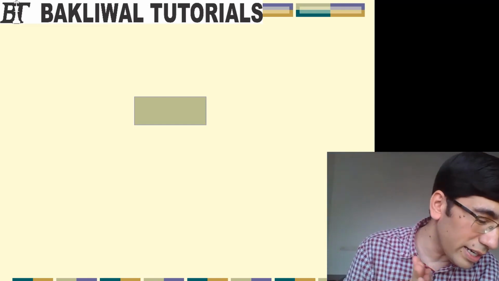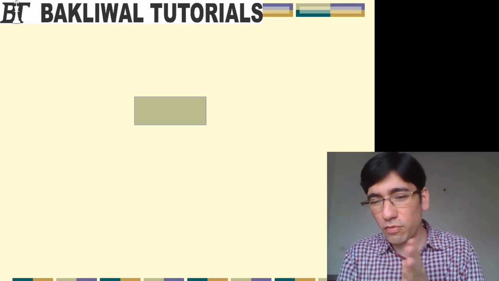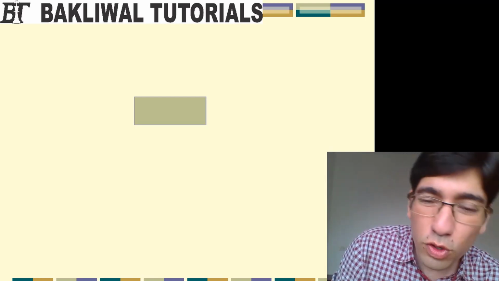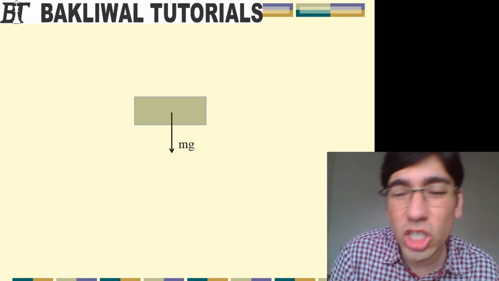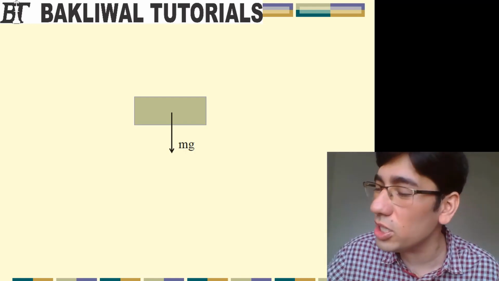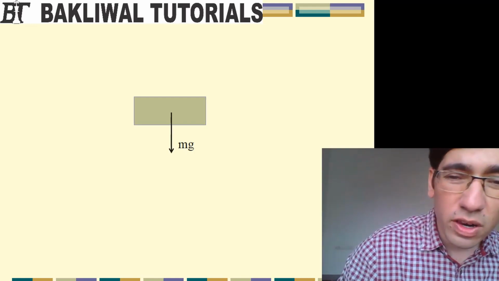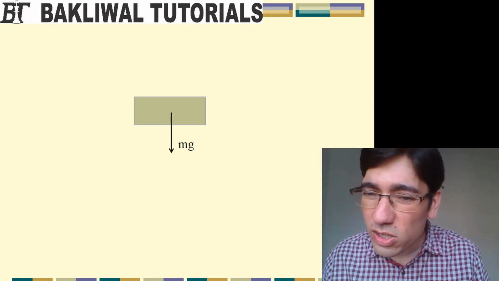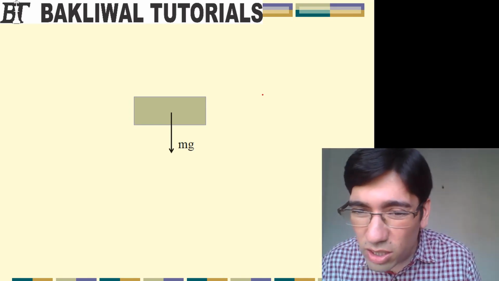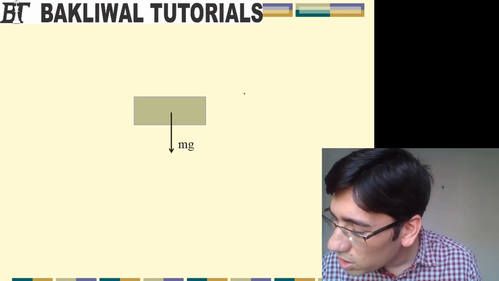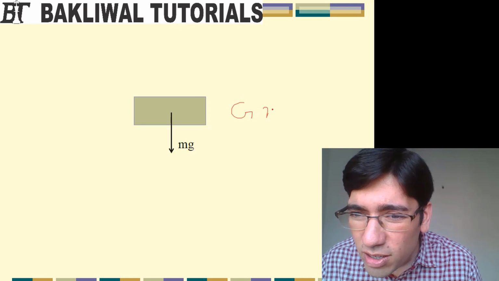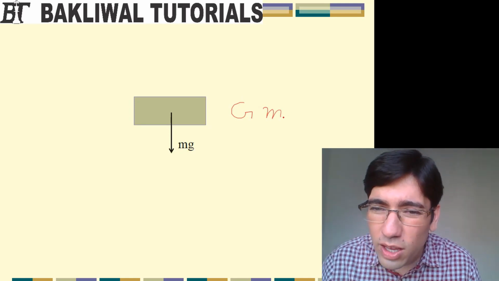So what all forces are acting on it? A few of you have mentioned the gravitational force. A few of you have also written it as mg. So let me show it here as mg. When we talk of gravitational force, haven't we heard of Newton's law of gravitation, as per which the force between two masses is G m1 m2 by r square?